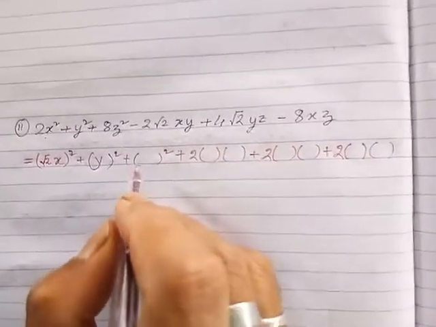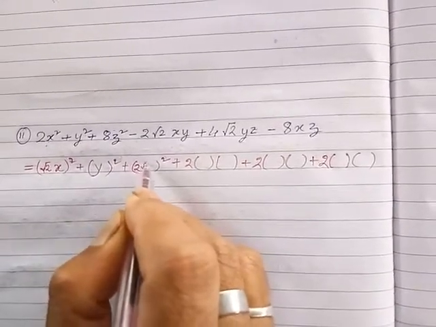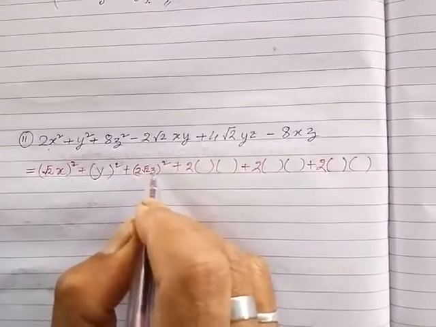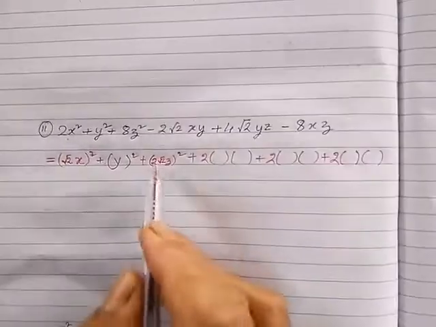8z square I can write here as 2 root 2 z square. Just take it, 2 square is 4.